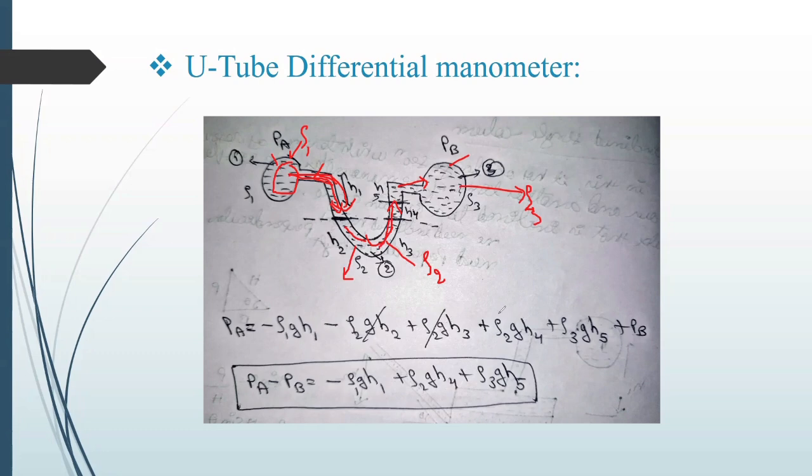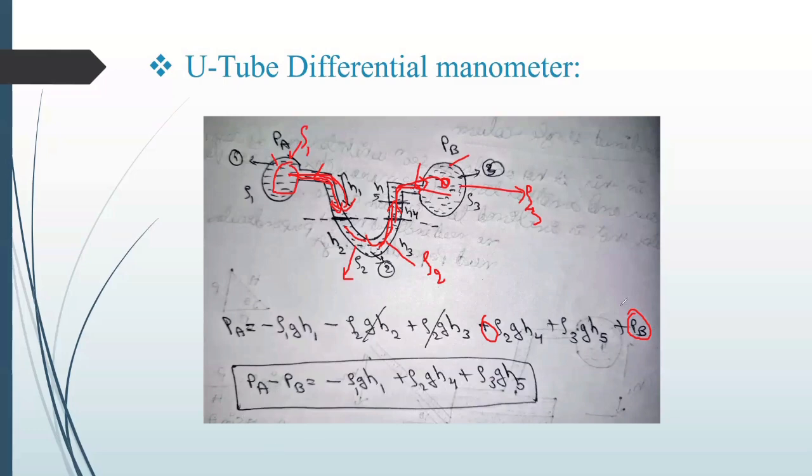And next plus rho 2 g into H4, because from H4 it is again rising. That is why we took it as a positive sign here. Next is plus rho 3 g into H5, because here also the liquid is rising, plus PB. PB is nothing but this point, pressure B. Here also the pressure is applied to this compartment. So what will happen?